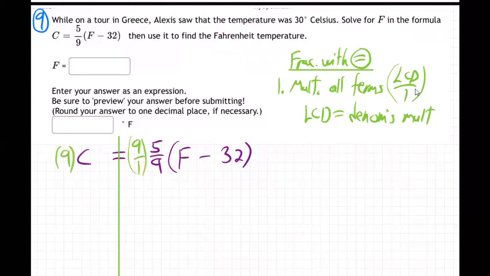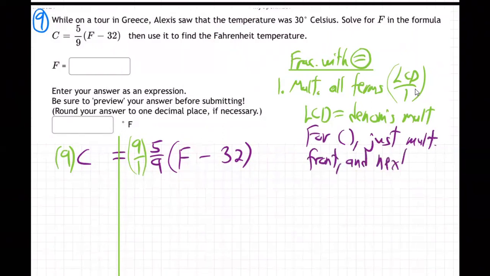Now you might say, well, Mr., why didn't you put the 9 over 1 here and here also? I thought you're supposed to do all the terms. Well, actually, this is all one big term. Let me write a special note on that. For parentheses, just multiply the front, and on the next step it will distribute inside.